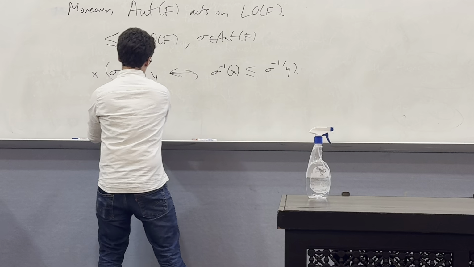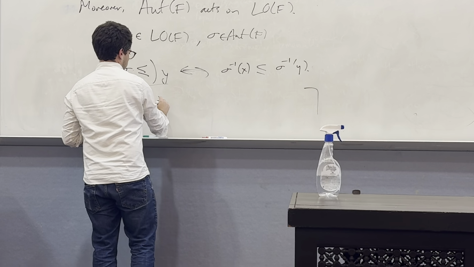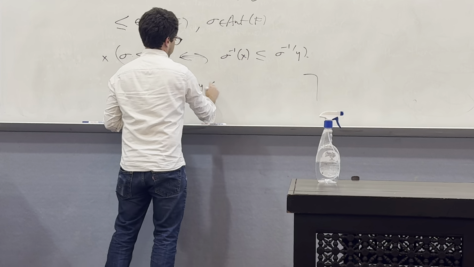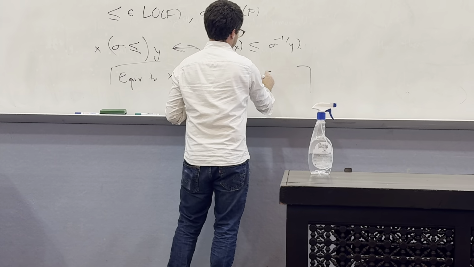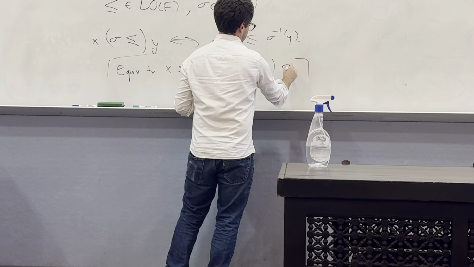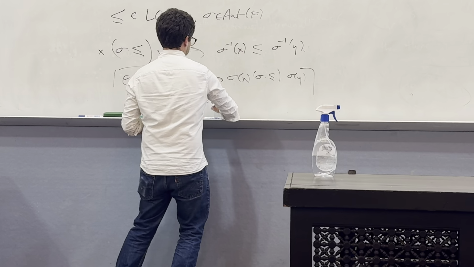Or equivalently, this is equivalent to saying that x is less than y if and only if sigma of x is sigma-dot less than sigma of y. So this is for all x and y.